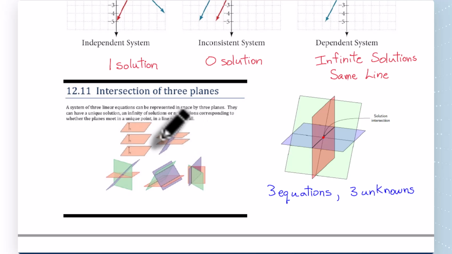You might have two of them parallel and then the other one cuts through, but all three of them don't intersect anywhere. It is possible, though, that I could have one plane, another plane, and finally a third plane where they would all three intersect in exactly one point.